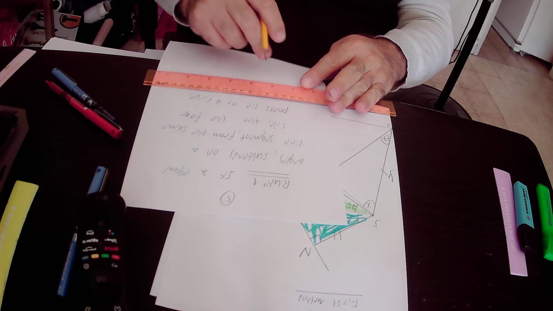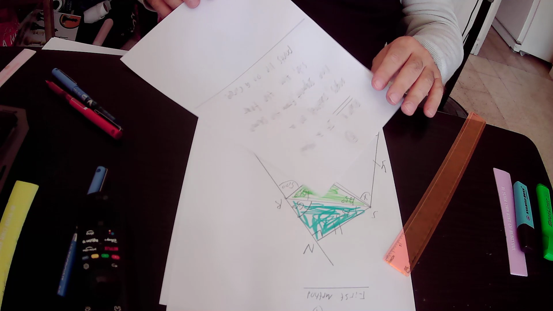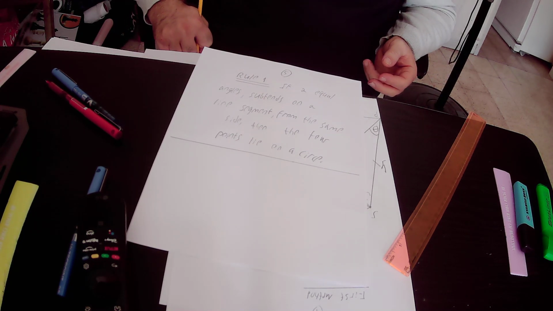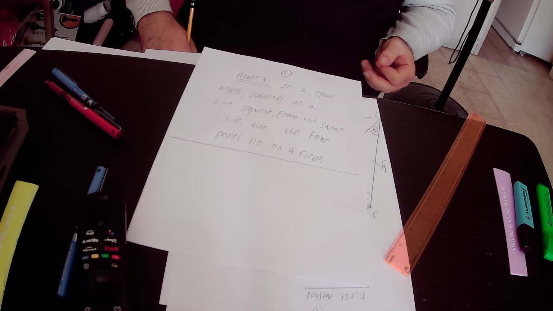So I read rule number 1 again. Rule number 1 states that if two equal angles subtend on a line segment from the same side, then the 4 points lie on a circle.